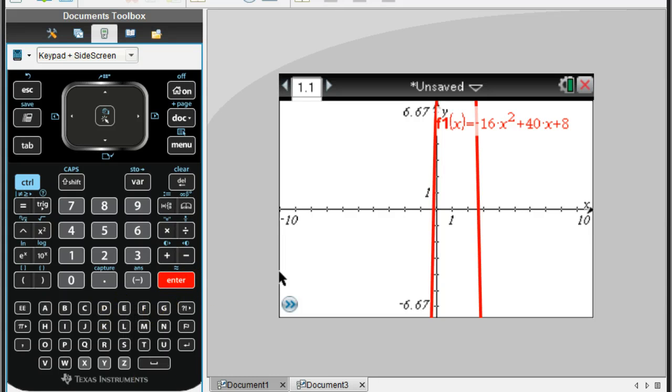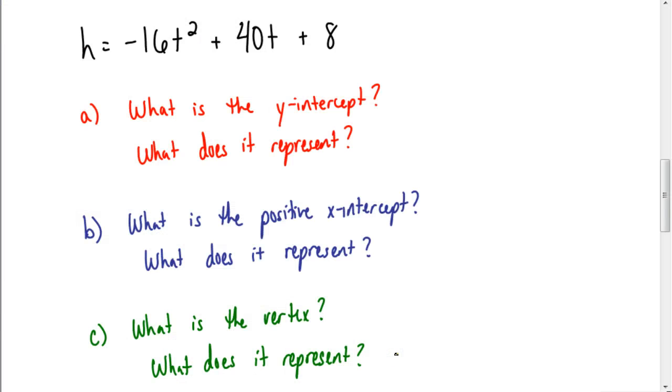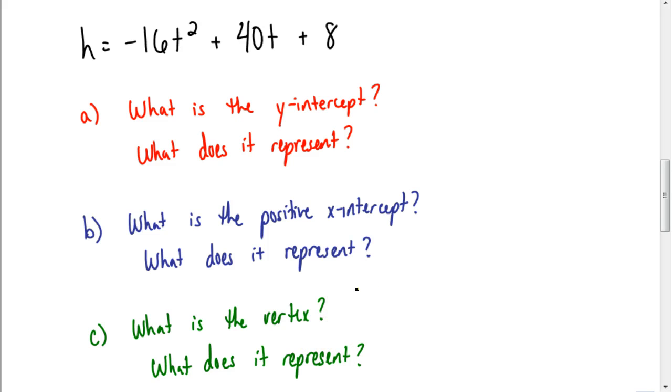Now, the first part of this question asks us to figure out, what is the y-intercept and what does it represent? Well, we didn't even need the graph to find the y-intercept, because remember, the y-intercept is where x is 0. In this case, where t is 0.